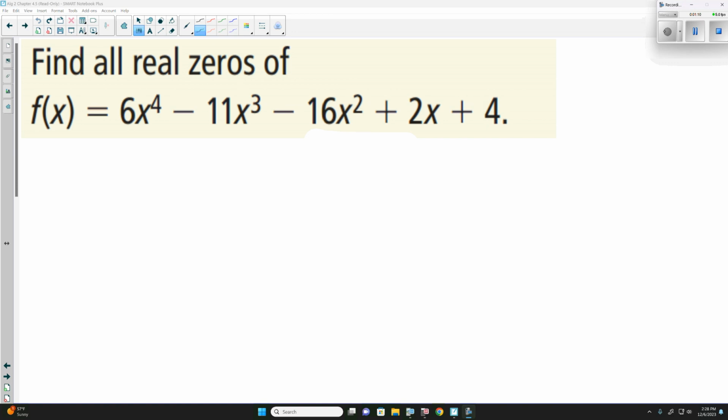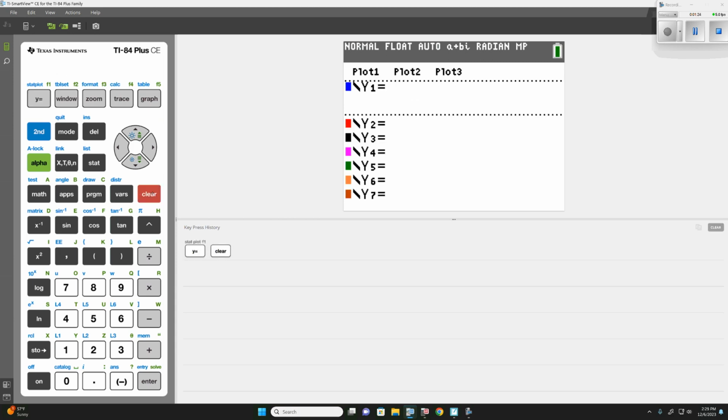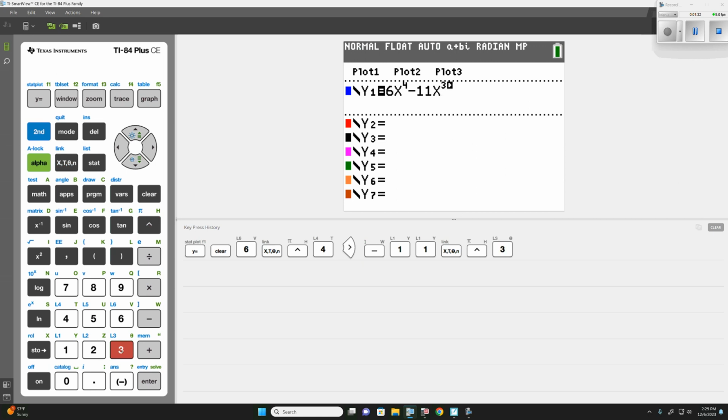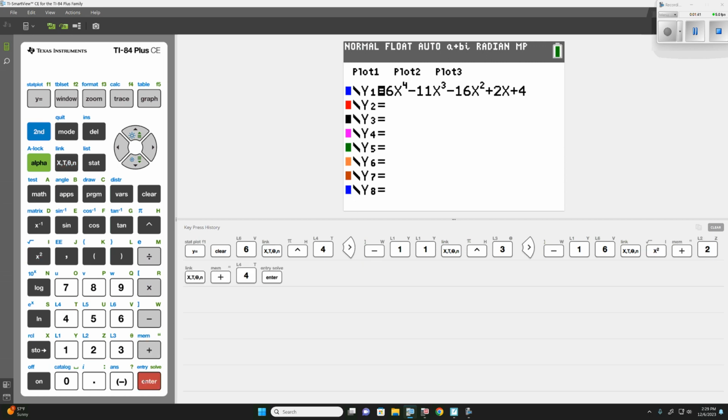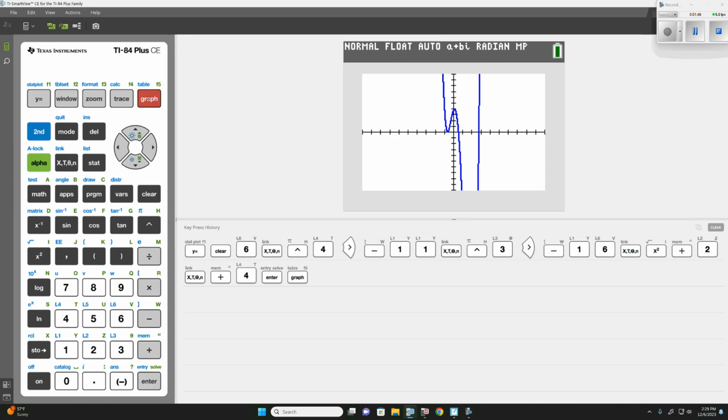All right, guys. I believe this is where we left off yesterday, yes? And I think we typed this one into the graphing calculator already. Y equals 6x to the fourth minus 11x to the third minus 16x squared plus 2x plus 4. And we graphed it.